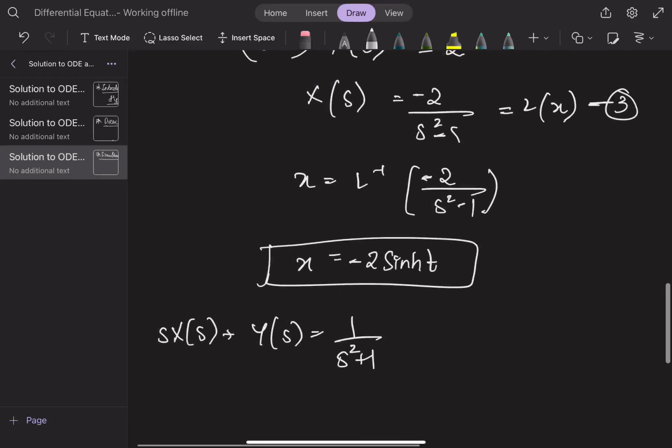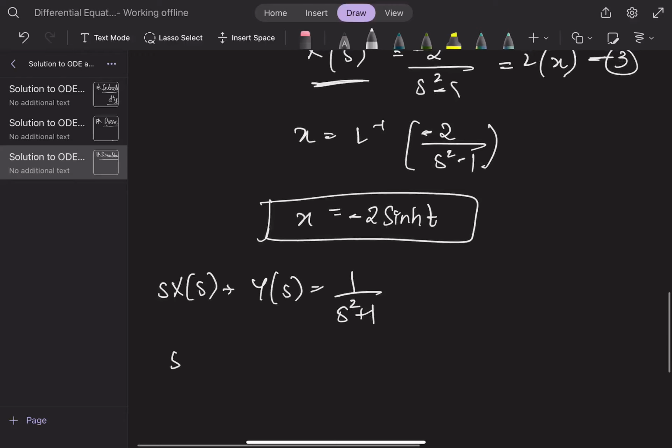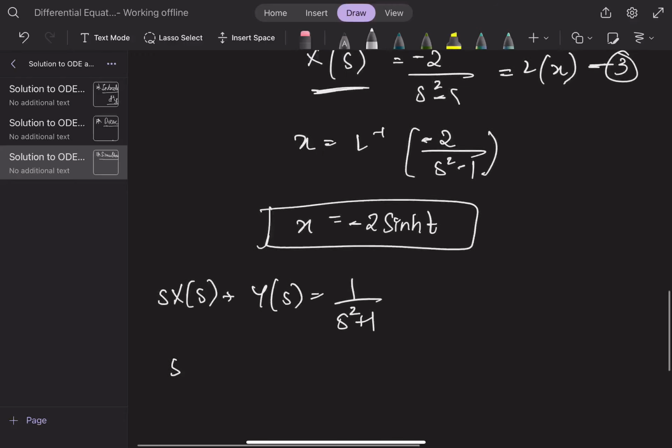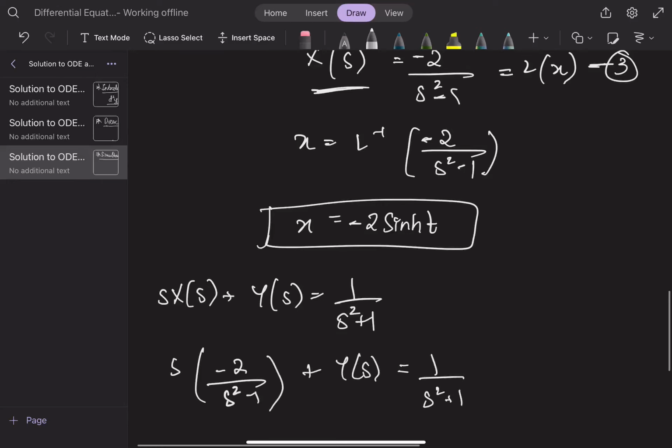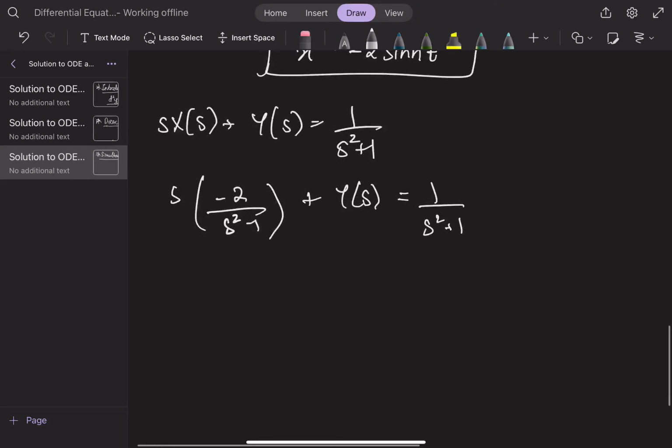So let's put the value of X(s) from equation 3. s multiplied by minus 2 divided by s square minus 1 plus Y(s) is equal to 1 upon s square plus 1. So minus 2s divided by s square minus 1 plus Y(s) is equal to 1 upon s square plus 1.